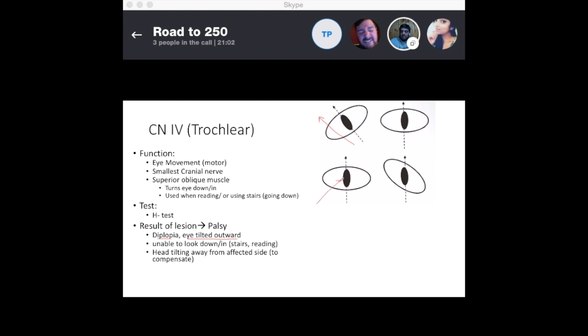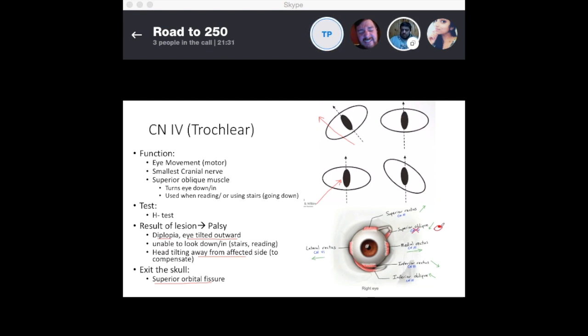So they're tilting their head this way to basically straighten out their eye. But the other eye functions normally so it can accommodate to that change. So when they're going down or reading, you'll see them tilting their heads away from the affected side. And that's how you can basically tell that it's a trochlear nerve issue or trochlear palsy. And this, again, is at the superior orbital fissure.